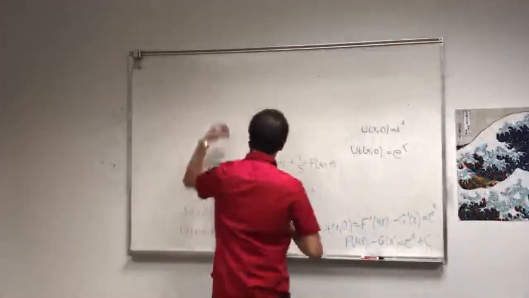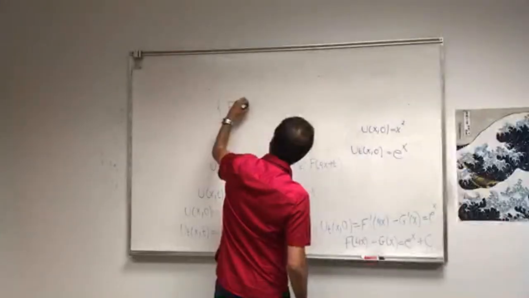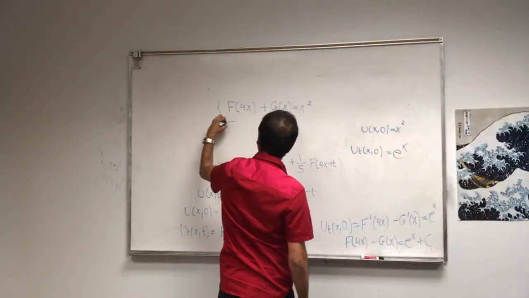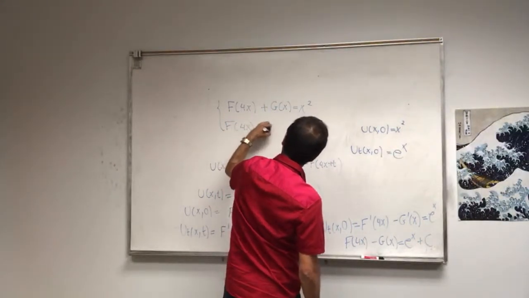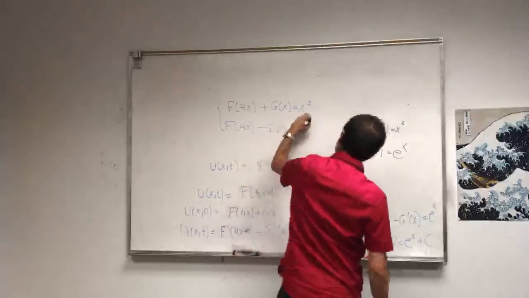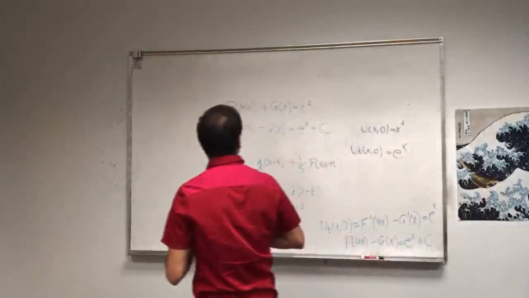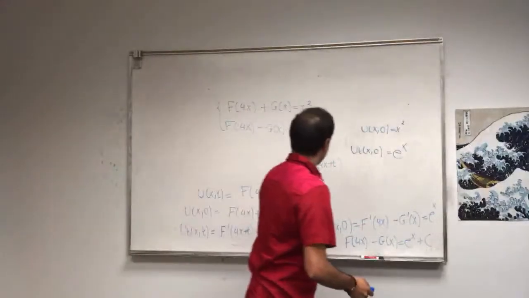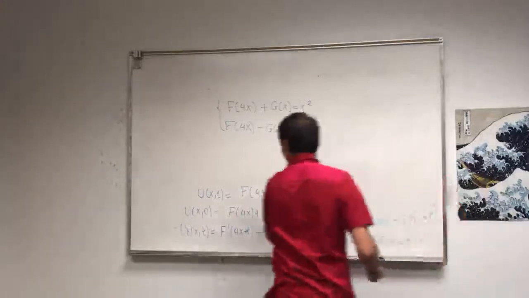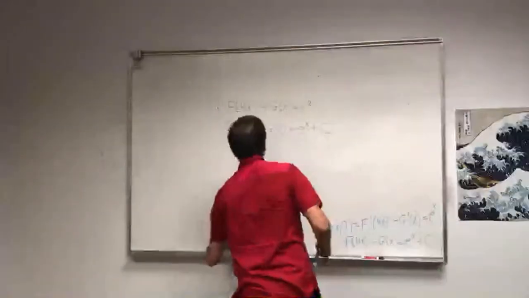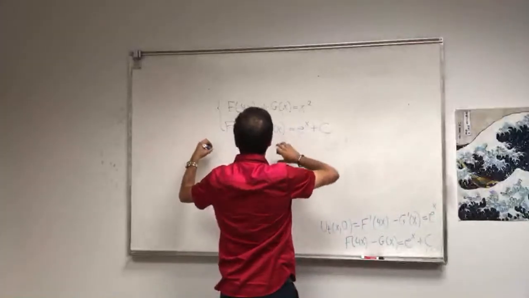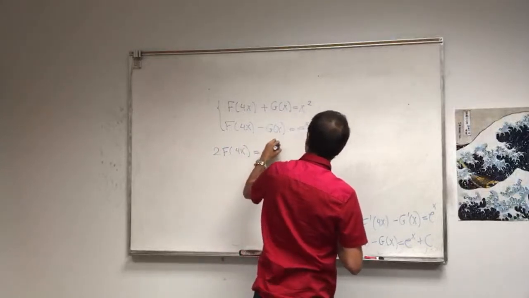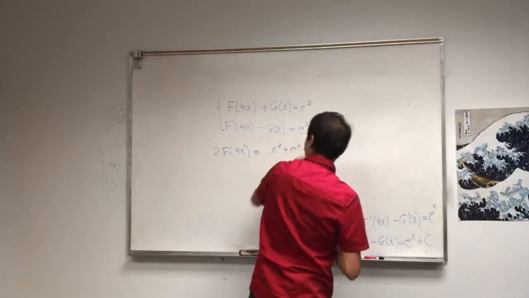And then you get two equations. So f of 4x plus g of x equals x squared, and f of 4x minus g of x equals e to the x plus a constant. And then you just solve for all the shebang. Adding those two equations, you get 2f of 4x equals x squared plus e to the x plus the constant.